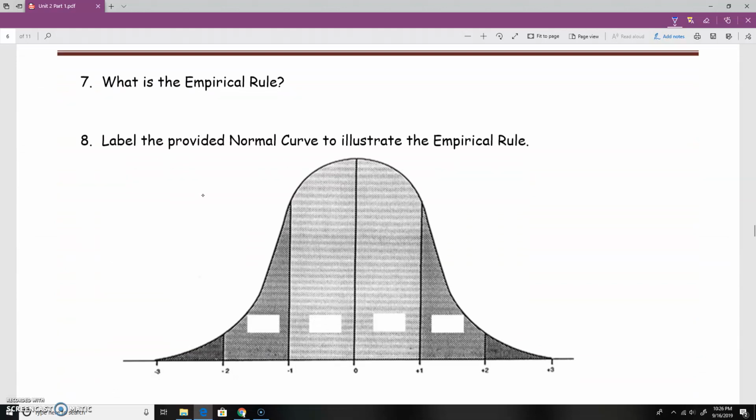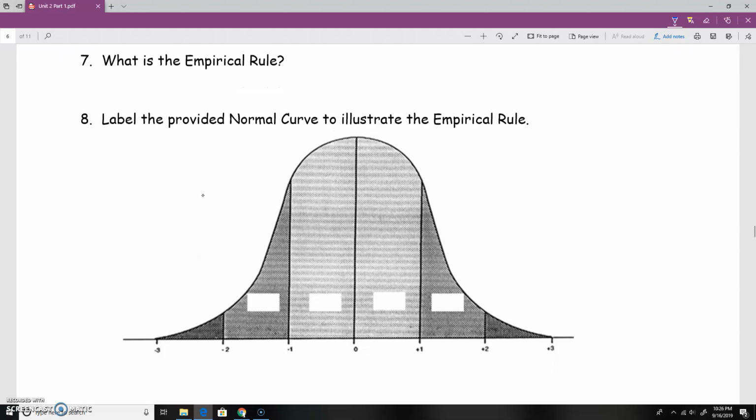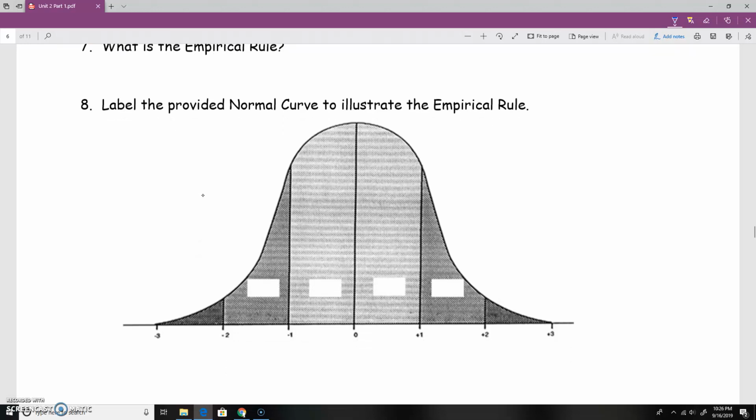So now, here's the important part of normal distributions that we're really going to talk about. How are we going to use these? First off, what is the empirical rule? Well, I'm going to label this normal curve to show you the empirical rule. Basically, within one standard deviation in either direction of the mean, in the center here, I am going to find 68% of the data.